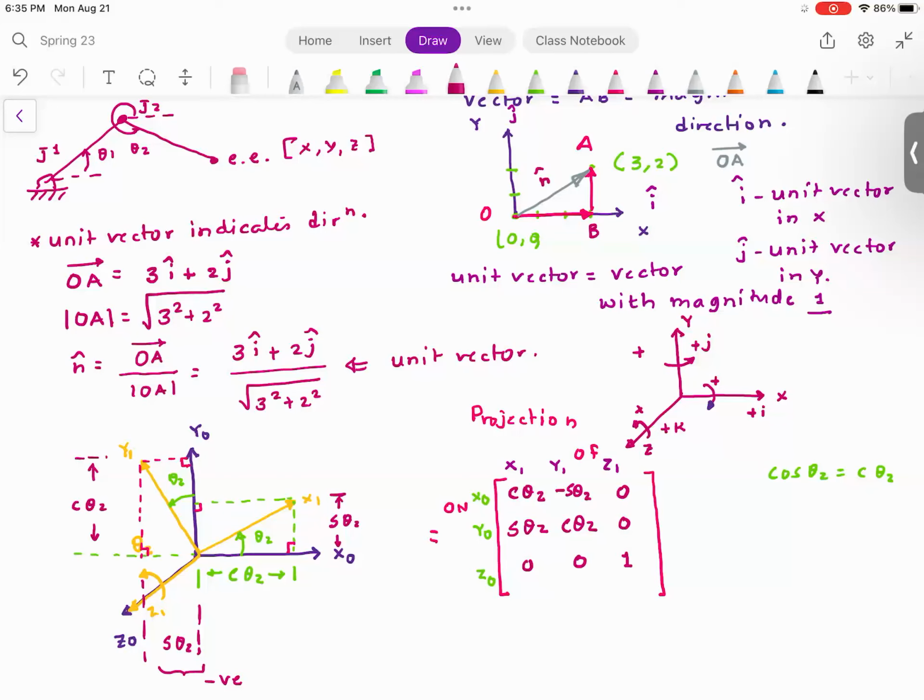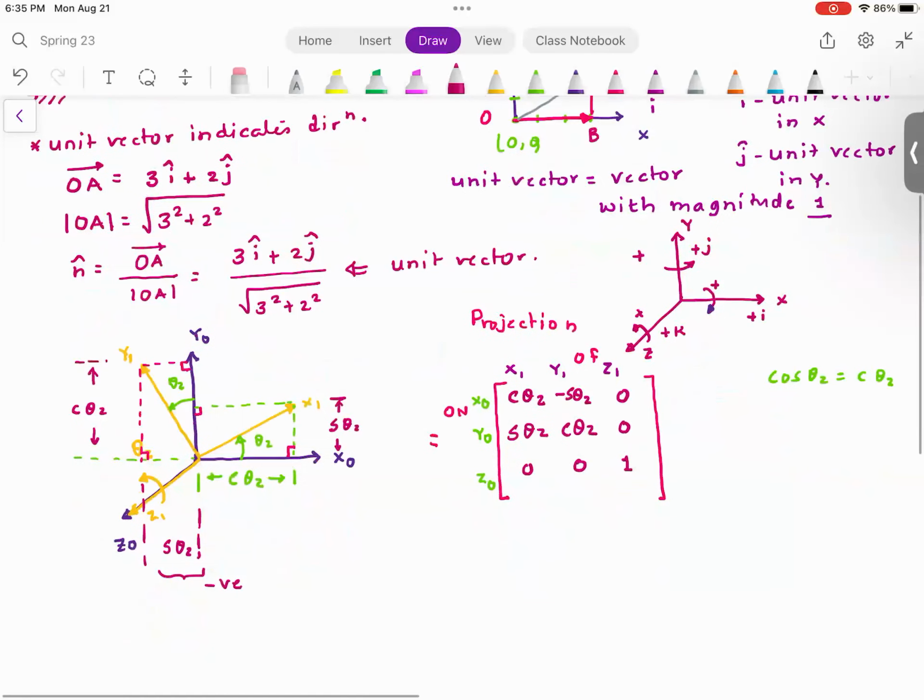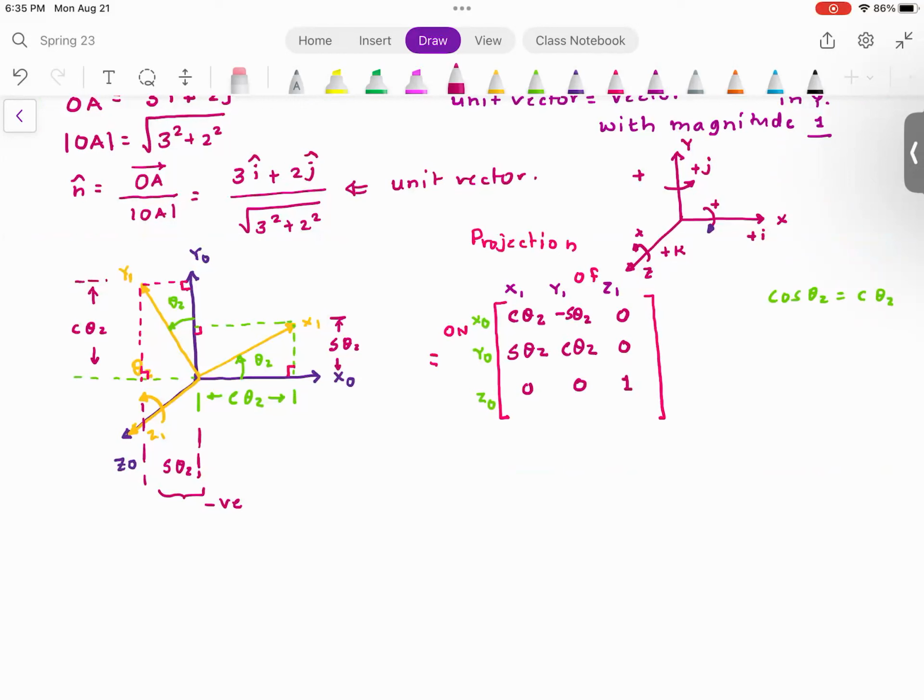Then minus sine theta z, cosine theta z, 0, then 0, 0, 1. This is the rotation matrix. This gives you the relationship between the old coordinate frame and the new coordinate frame. Everyone understood this? That's the only coordinate transformation you need to remember to solve all forward kinematics problems.